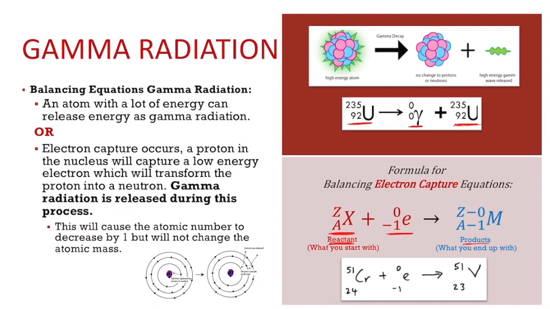So this looks a little backwards than it did before. The formula for determining what our mystery substance is here is that we're going to subtract 1 from our atomic number, because we're taking away a proton now. Remember that proton's turning itself into a neutron, and then the mass number is not going to change, because we're not changing the number of nucleons or the total particles in the nucleus. We're just changing the identity of one of those.